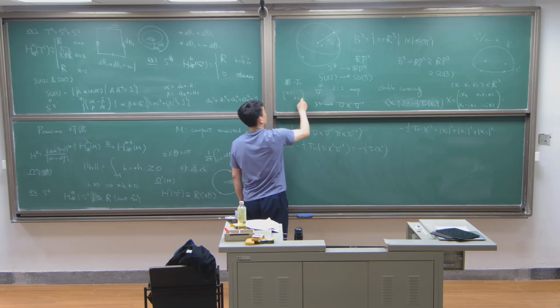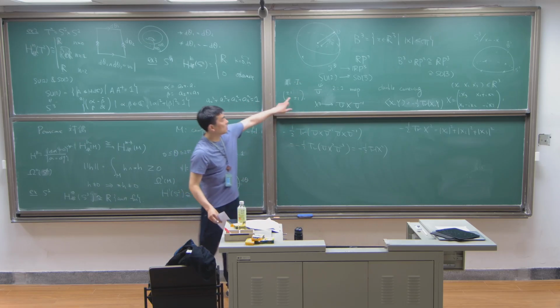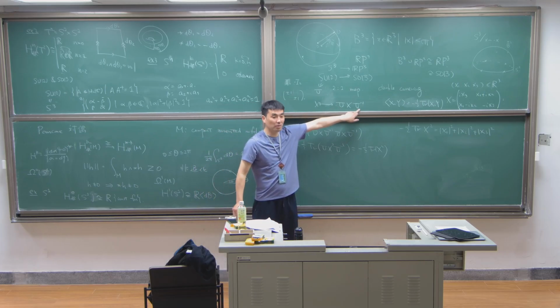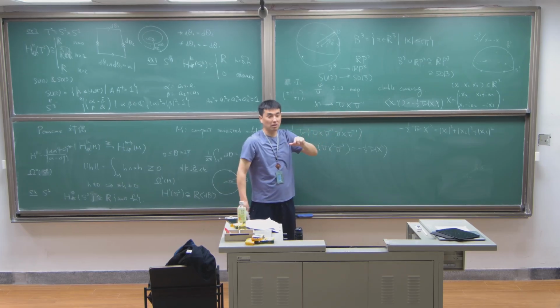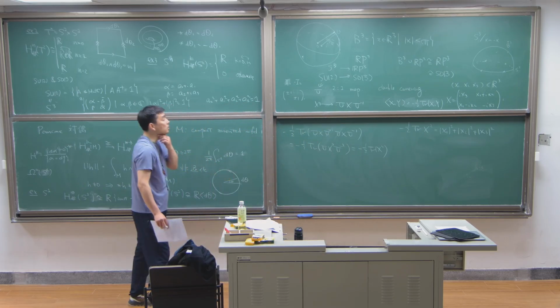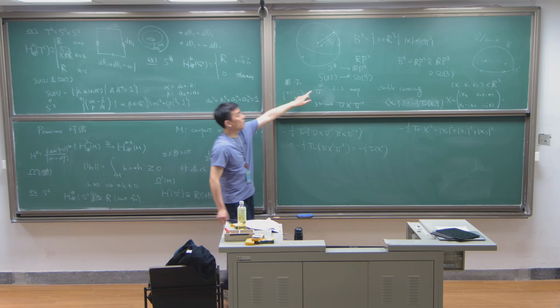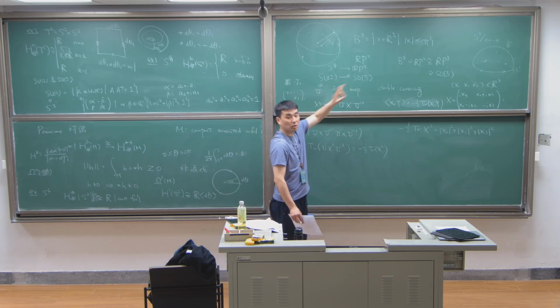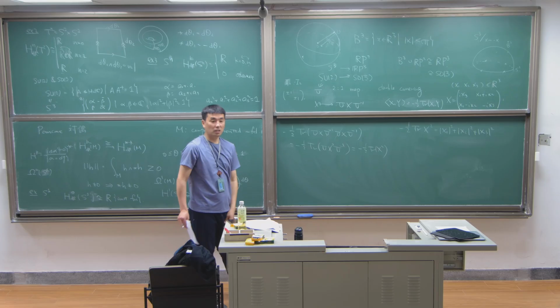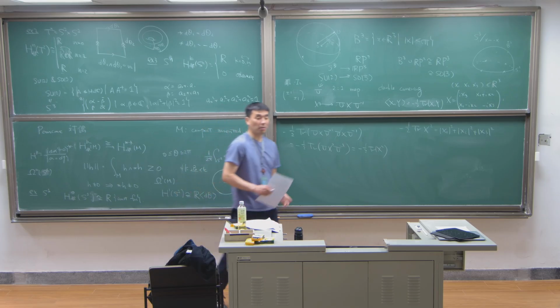Because even if you put -1, and the -1 inverse is -1, if you multiply them, it is +1. So it just becomes the identity element in SO3. So the kernel has just two elements. That will tell you that it's a 2-to-1 map, a double covering.